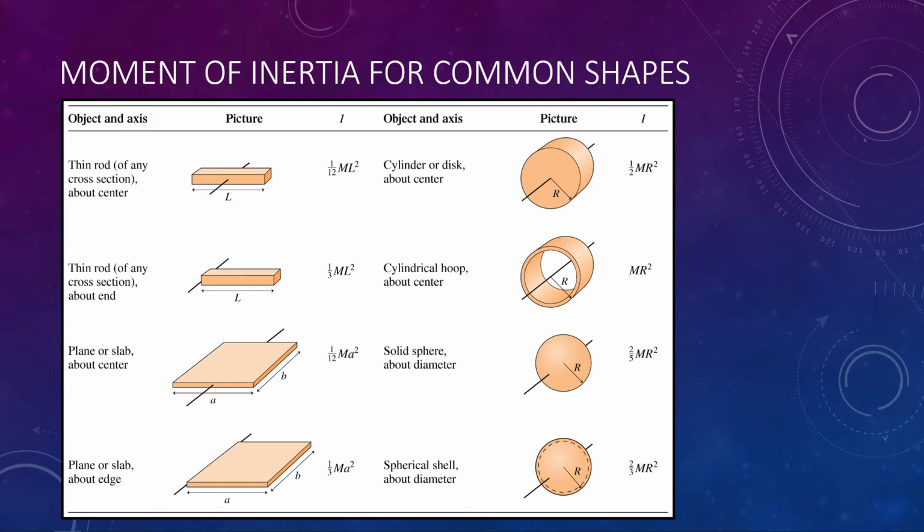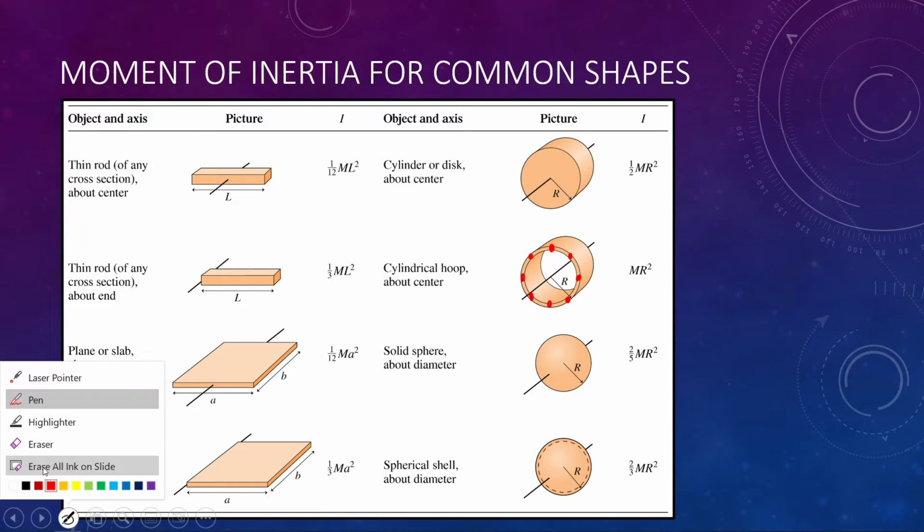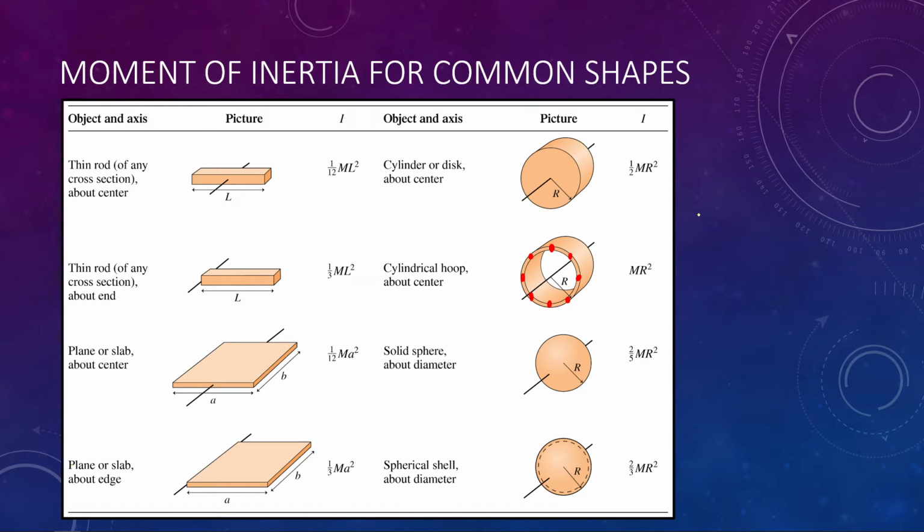We won't, of course, go through the derivations of where each of these comes from, but you could theoretically come up with one real quick. So perhaps this hoop: if you tried to analyze the moment of inertia for a bunch of particles along this hollow cylinder, each one of them has, if you think of the sum of mr squared, a mass.